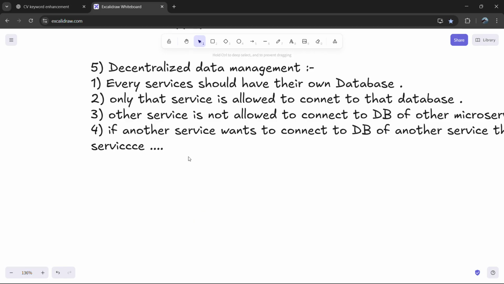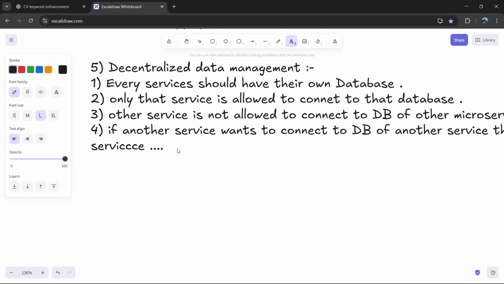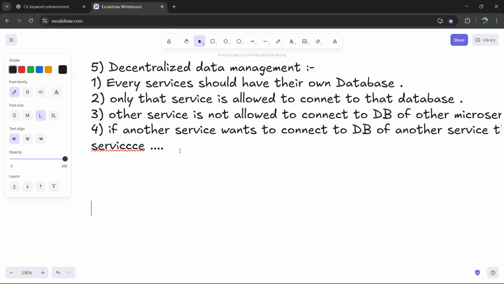So our next point is point number 6, infrastructure automation. So what does this concept say?